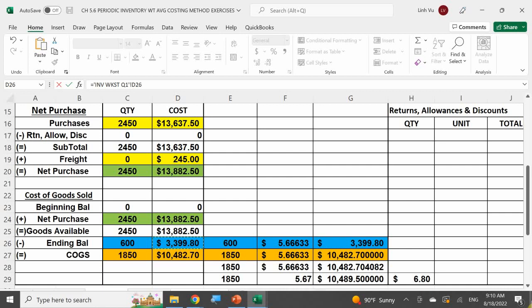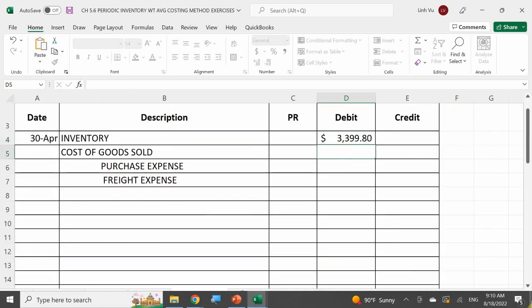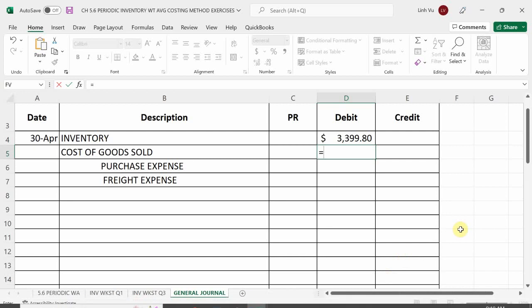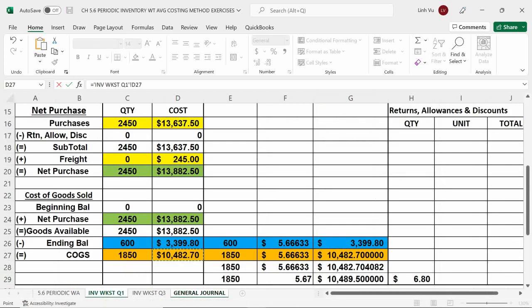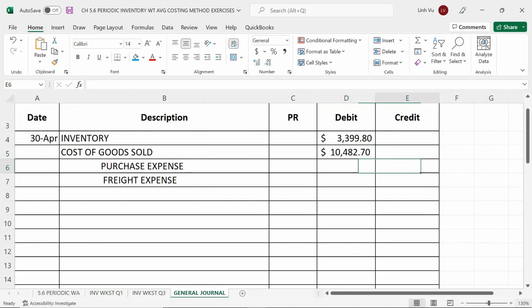No. 980. Yes, that was your goods available, so that's good. So there you go. Now, what was my total cost of goods sold? It's 10,000 then.